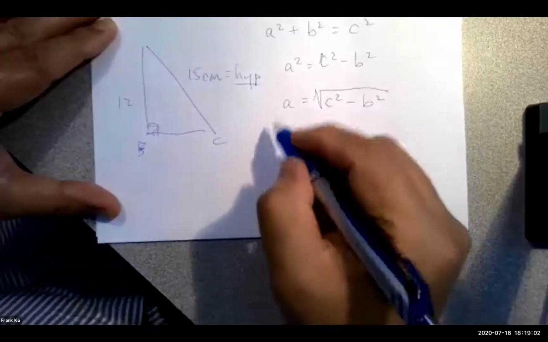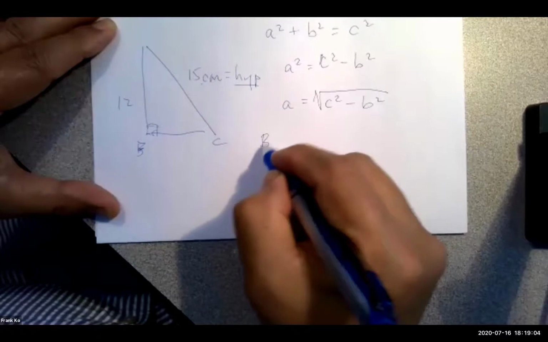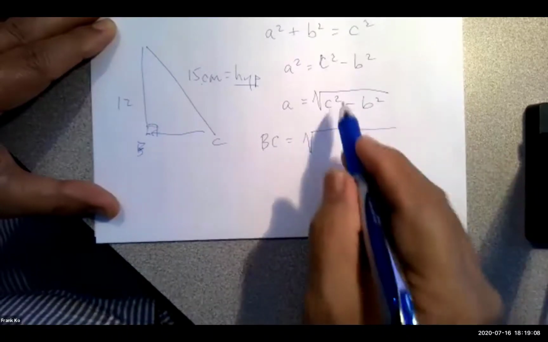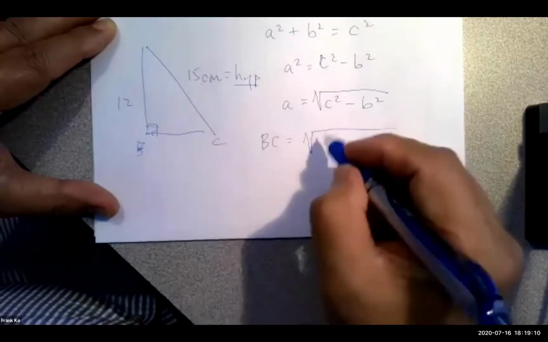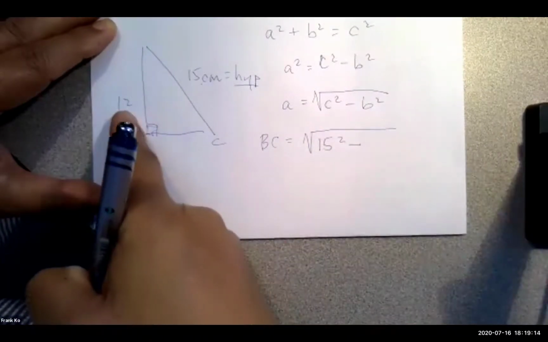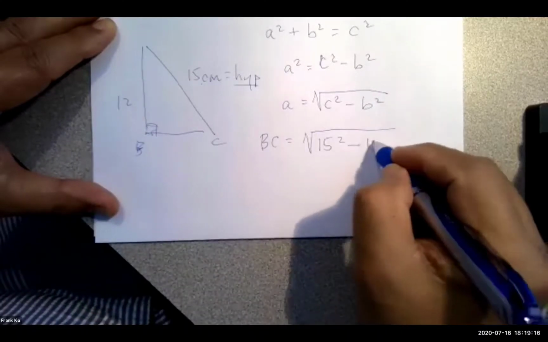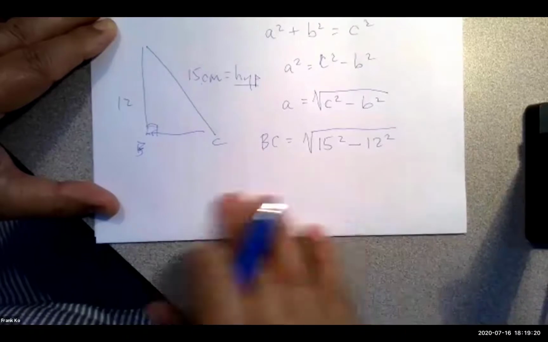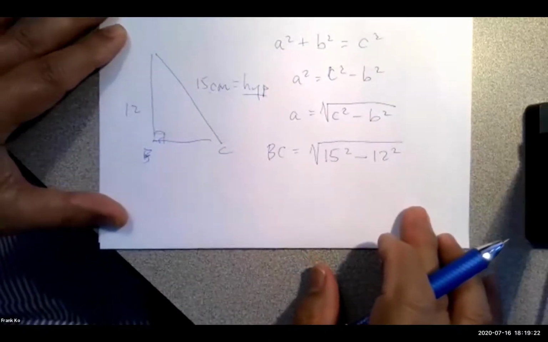In this particular case, what we're looking for, the value of b to c, is going to be equal to the longest side squared, which will be 15 squared, minus this other side that is given, which will be 12 squared.